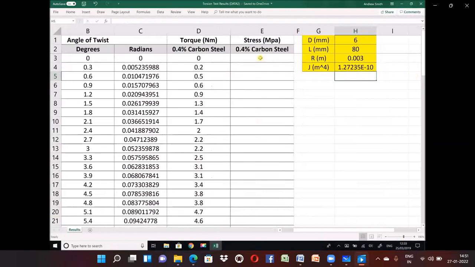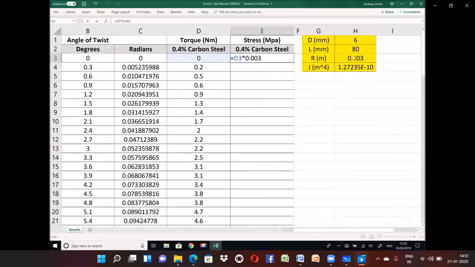So now we have everything we need to calculate our stress, because stress is T times R over J. So equals, we need to click on the torque value, because as the torque value changes, the stress changes. We know the radius is 0.003. Alternatively, we could have cell referenced H3 there.